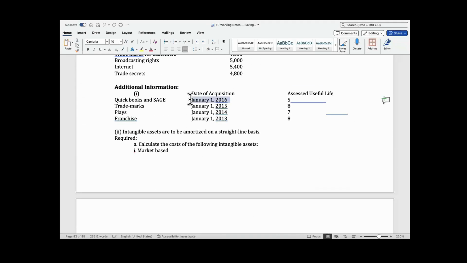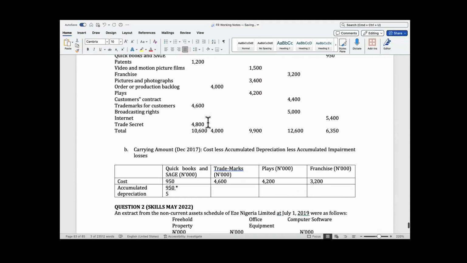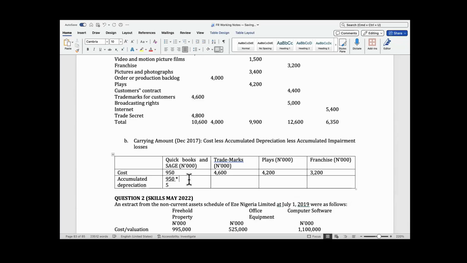We bought it on the 1st of January 2016. So that means we've used it for 2 years. So how much is that? 380. I thought you said 180. I said 190 before, since we had it for 2 years, it will be 380. Okay. So that's 380.